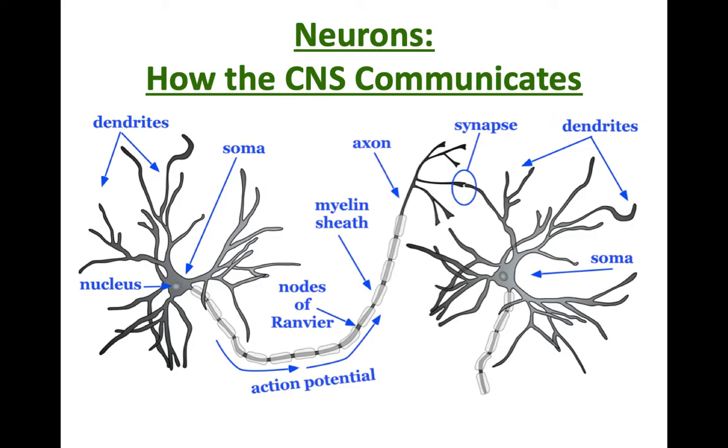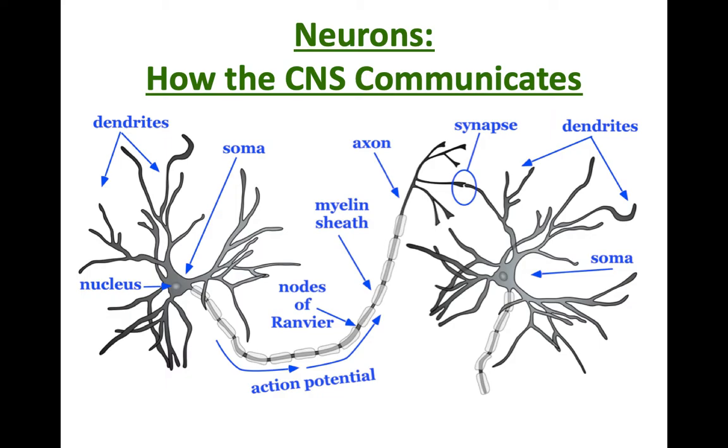So the dendrites are in charge of receiving signals. The next part is the soma, or the cell body. So you can see the center of the neuron here, as well as the center of the neuron here. So that's the cell body. And then there's this tail, or an axon, which leads away from one neuron and towards another.